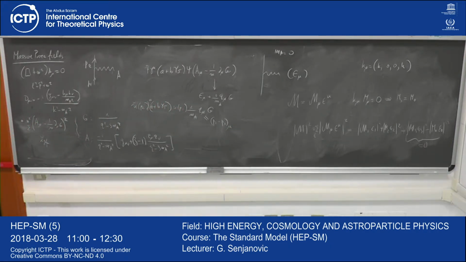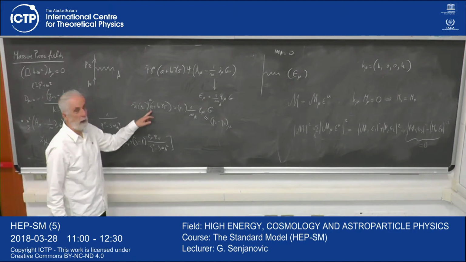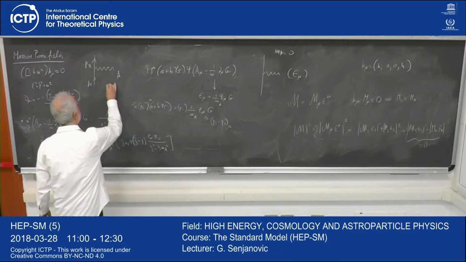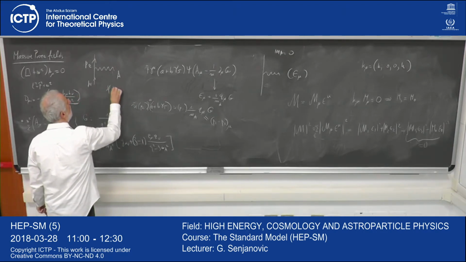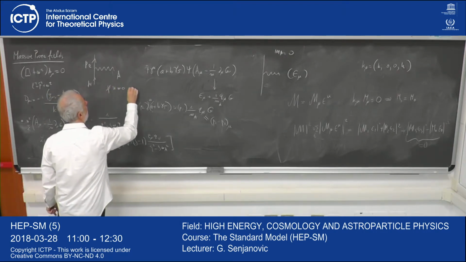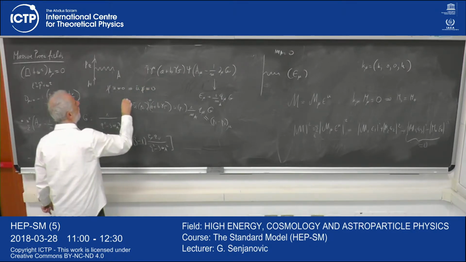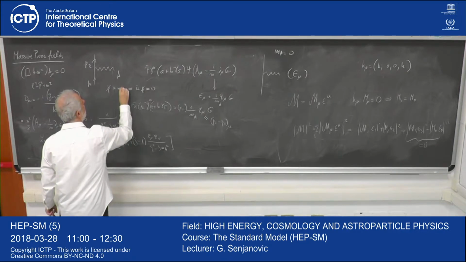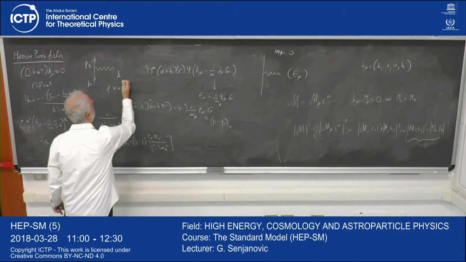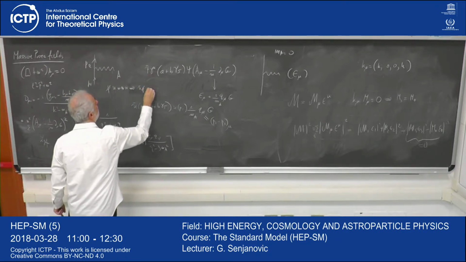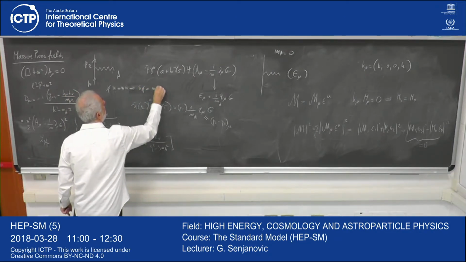What's going to happen? The A piece, can you tell me what's going to happen with the A piece? The Dirac equation says that P slash u is m u, but also u bar P slash is m u bar.